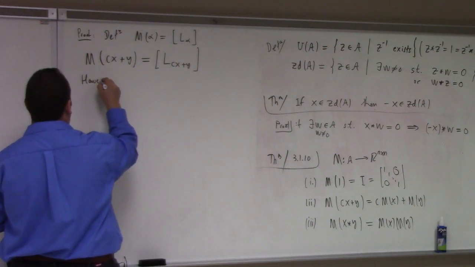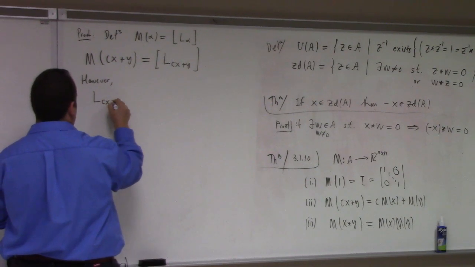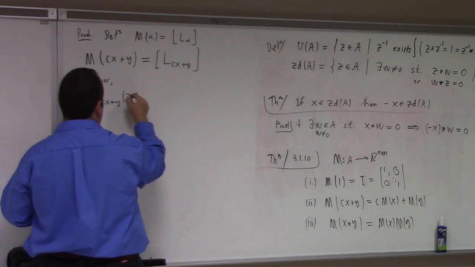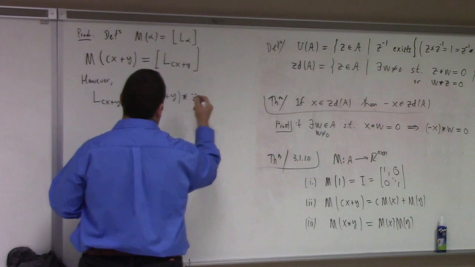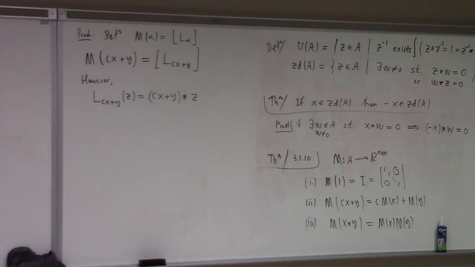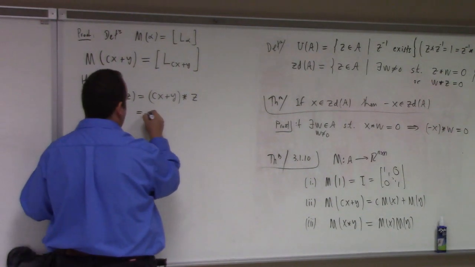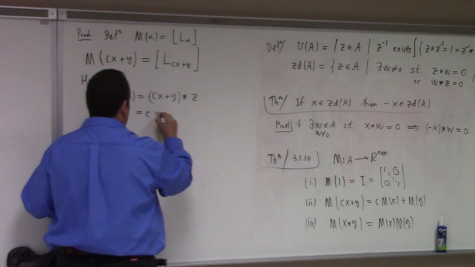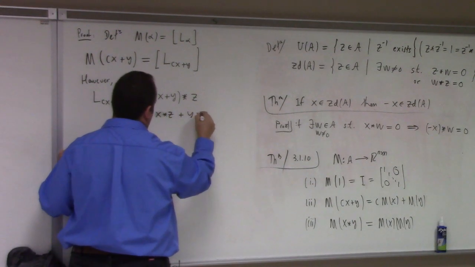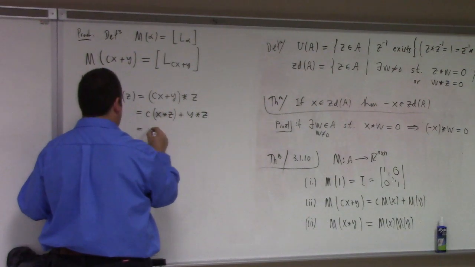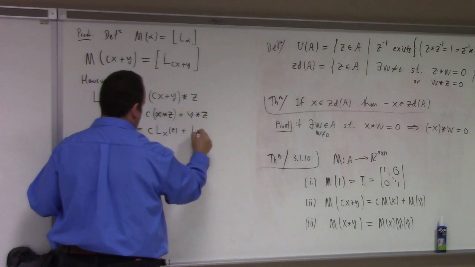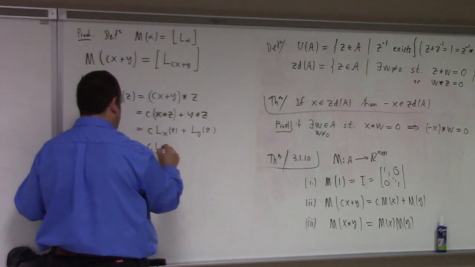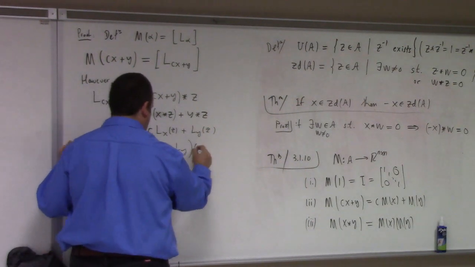However, notice that L of Cx plus y acting on z is, by properties of the algebra, c times x times z, by the bilinearity as I called it, which is c times Lx of z plus Ly of z, which we can rewrite as CLx plus Ly, all acting on z.